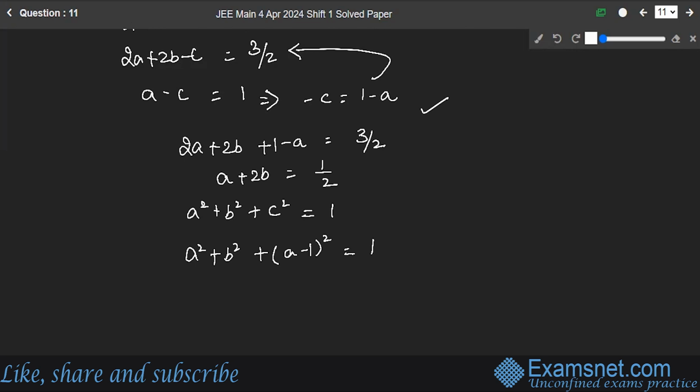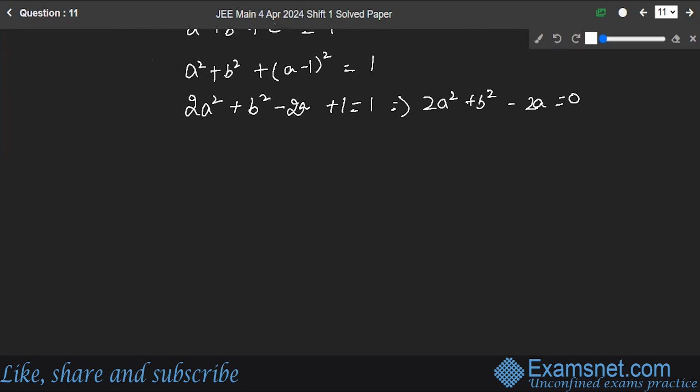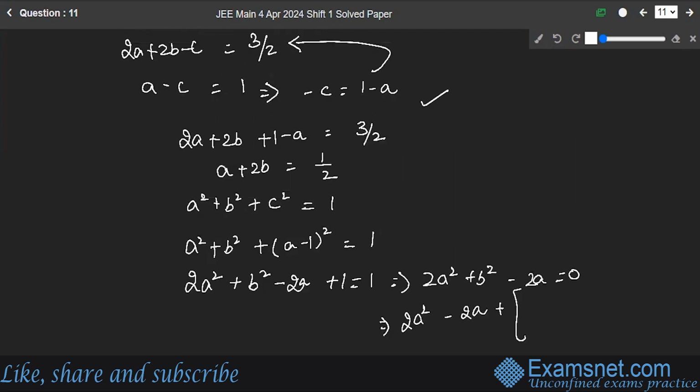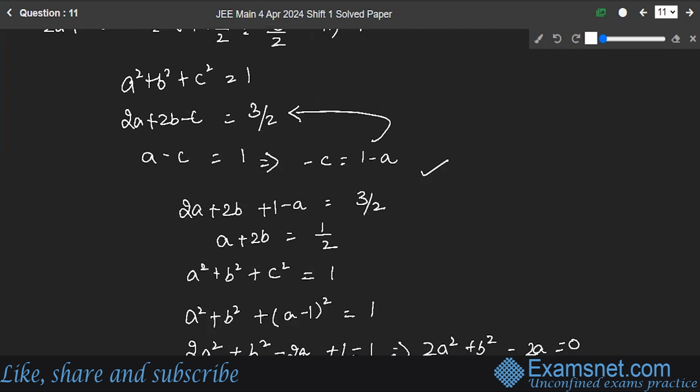So when you open it up, you will have 2A square plus B square minus 2A plus 1 is equal to 1. This simply gives me 2A square plus B square minus 2A is equal to 0. Okay. So further, this will give me 2A square minus 2A plus B square. Now B will be written as, from here, what was the value of B?